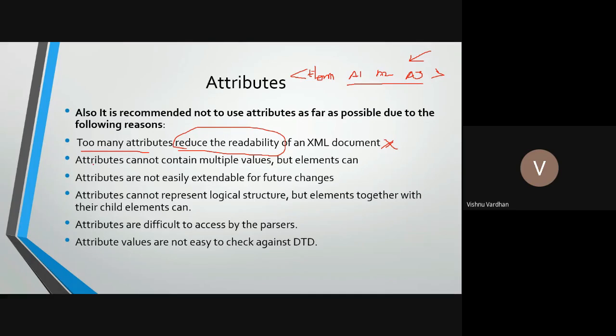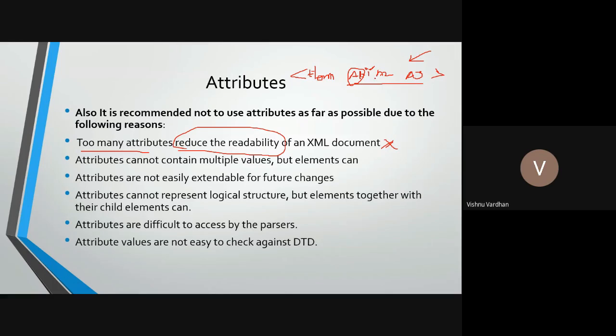Okay. Then attributes cannot contain multiple values, but elements can. Suppose A1 is a user ID. A1 equal to 1, comma 2, comma 3 is not allowed at all. Attribute 1 cannot have the value of 1, 2 or 3. A single value will be there for any given attribute.